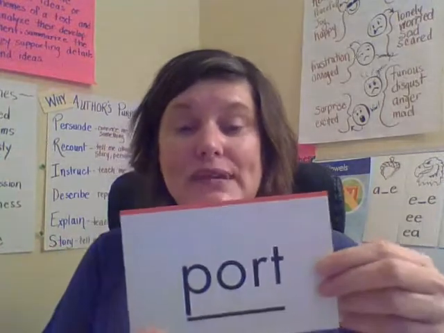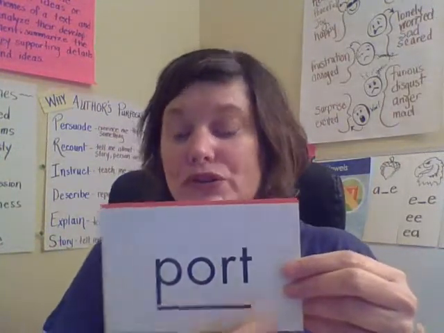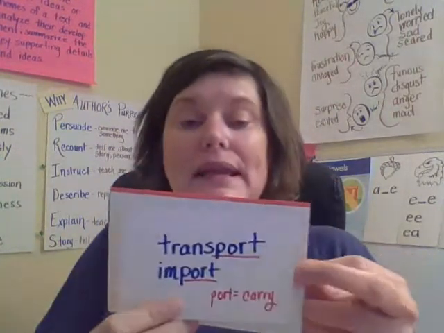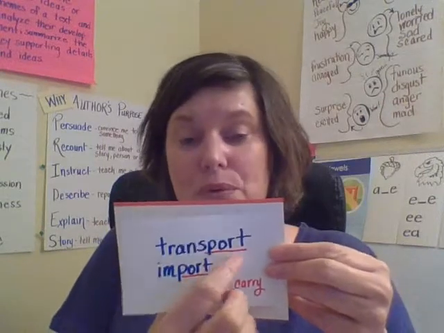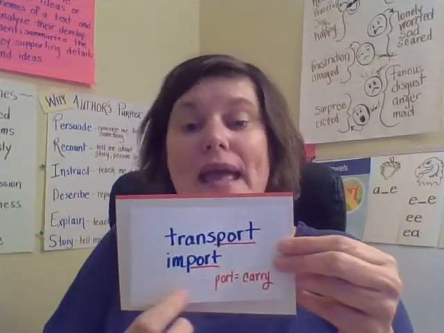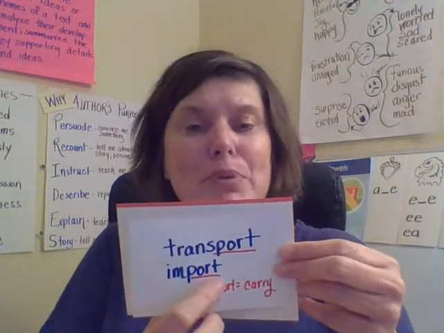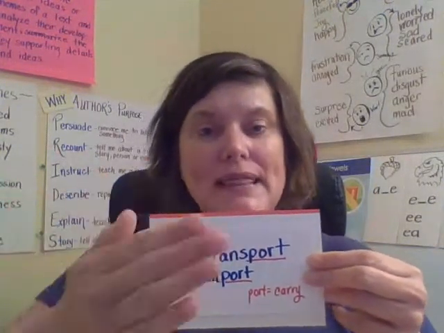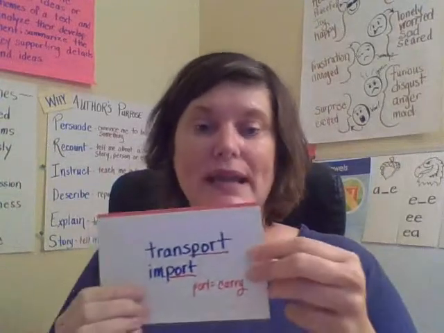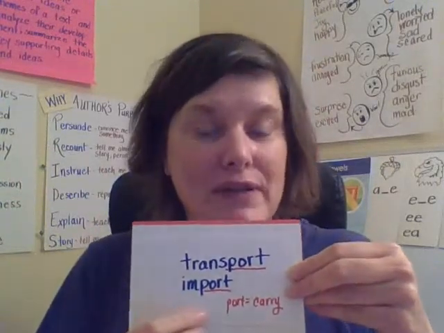Okay, the next new sight syllable is port. Port, like in the words transport or import. And port means to carry. So like import, that means you're carrying things into your country. Like we import avocados.